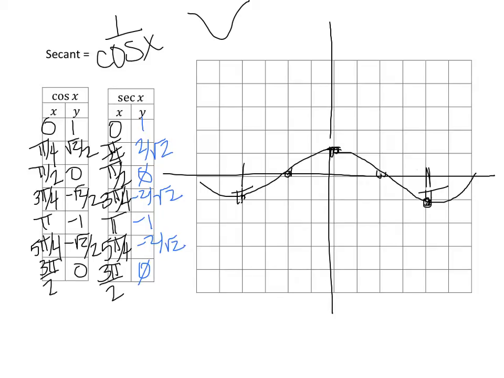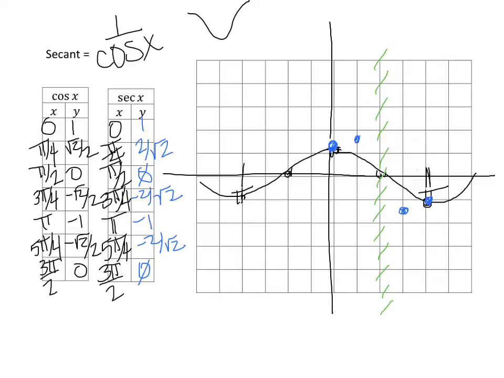So I'm going to start at 0 at 1, just like a normal cosine graph. But at pi over 4, I'm going to go above 1, and at pi over 2, I'm going to have an asymptote. Then at 3 pi over 4, I'm going to be at negative 1.4.